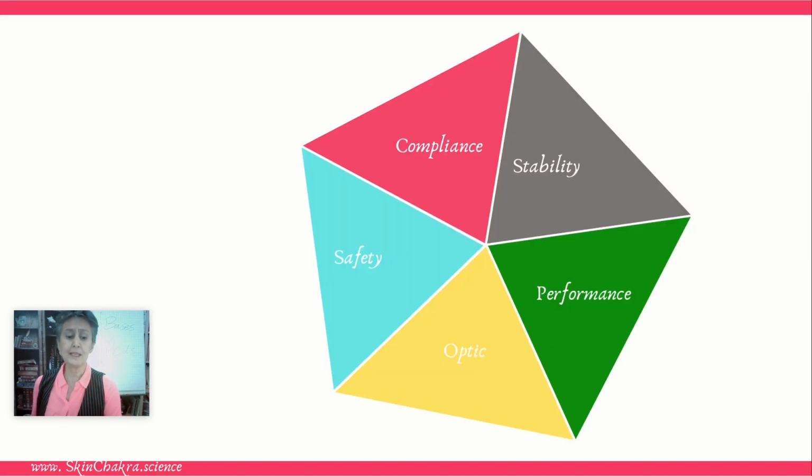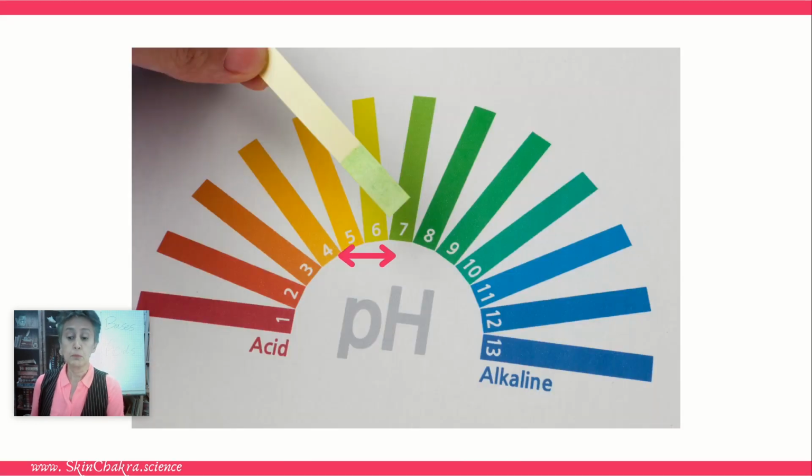The stability, performance, appearance, optics, color, texture, safety, and overall, the compliance of the product is strictly dependent on the pH range. So you cannot blend all of your ingredients and hope that at the end the pH remains in the range that you want. You usually need to either increase it or decrease it to bring it to the range.